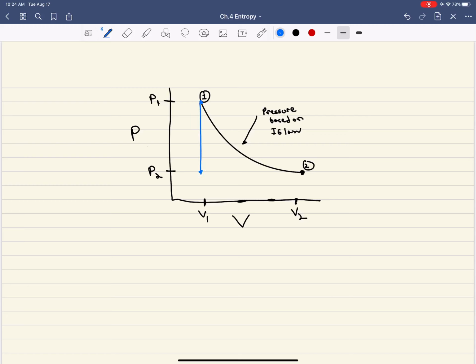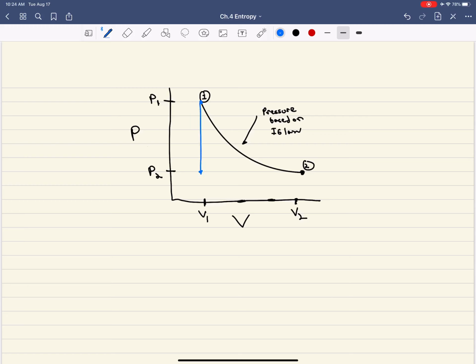All right, and then after we lower the pressure, we're going to stay at that same pressure, and we're just going to expand the system to volume 2. Okay?